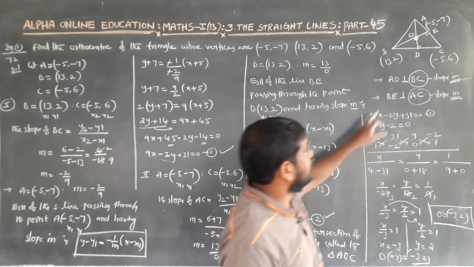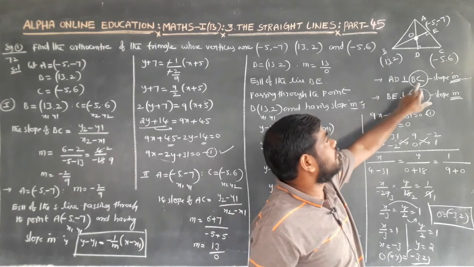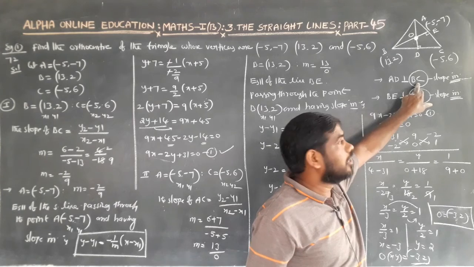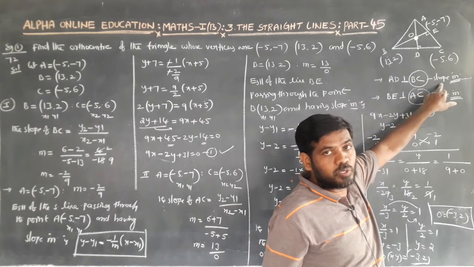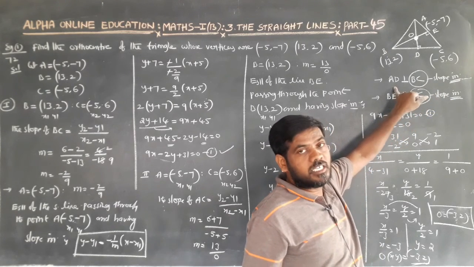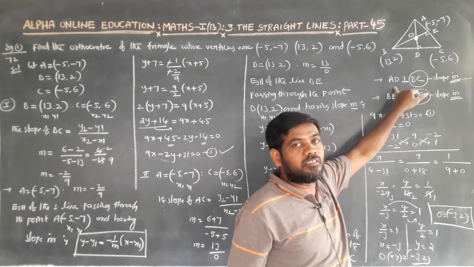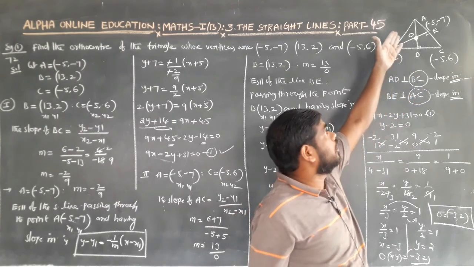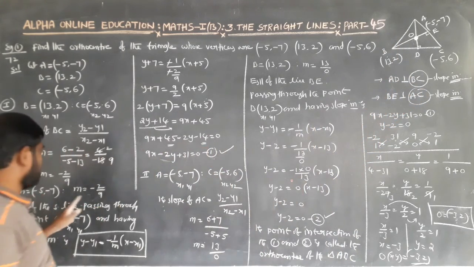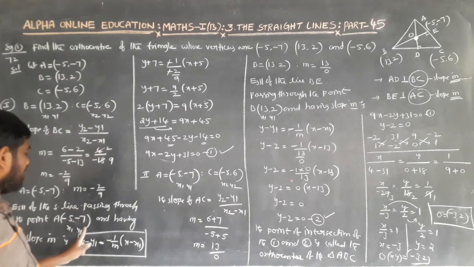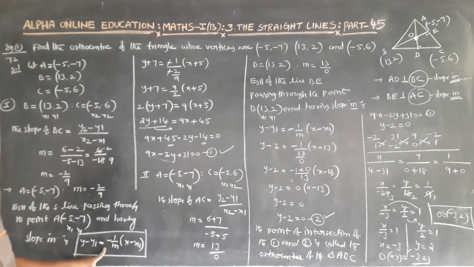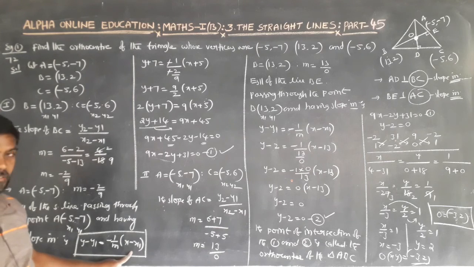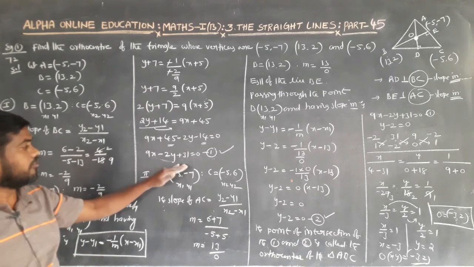To find the equation of AD, first find the slope of BC. Let the slope of BC be m, so the slope of AD is minus 1 by m. The line passing through the point A with this slope is y minus y1 equal to minus 1 by m into (x minus x1), which gives the equation.